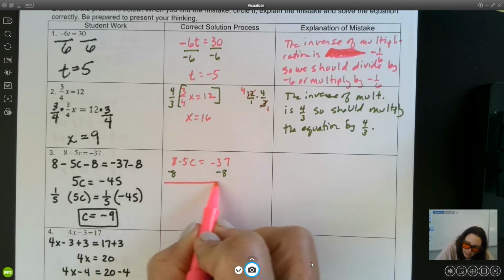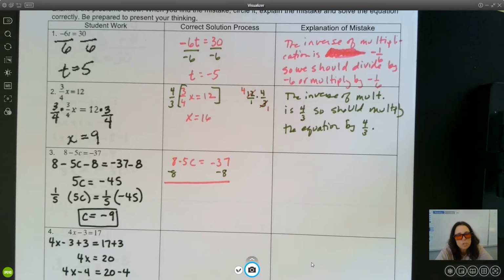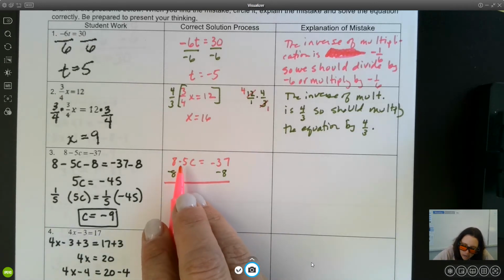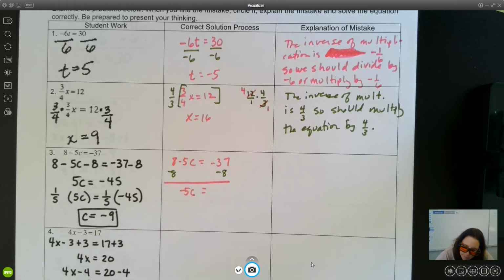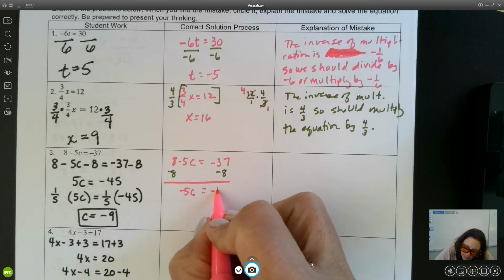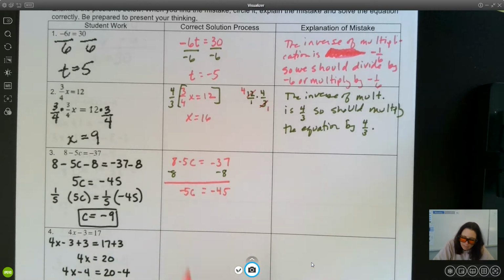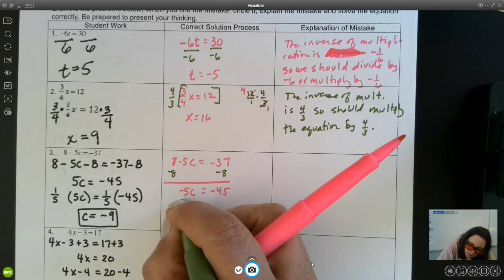We do that by adding a -8 or subtracting an 8. Okay, now be very careful here. -5c is left, and a lot of times people forget that. That would be -45. Now to undo this -5 being multiplied by c, you would either divide by -5 or multiply by -1/5.